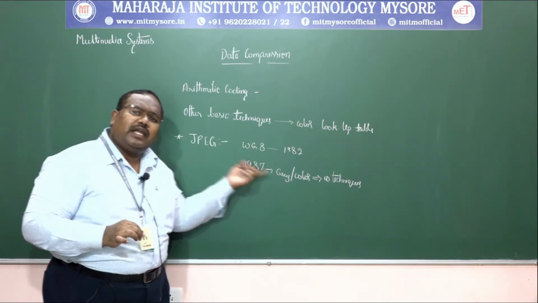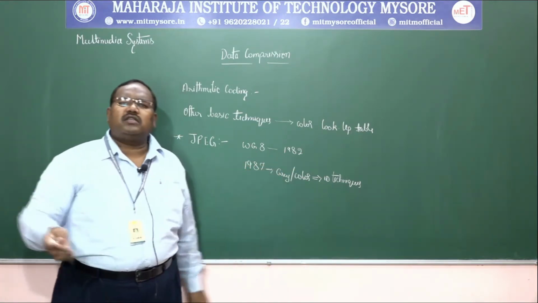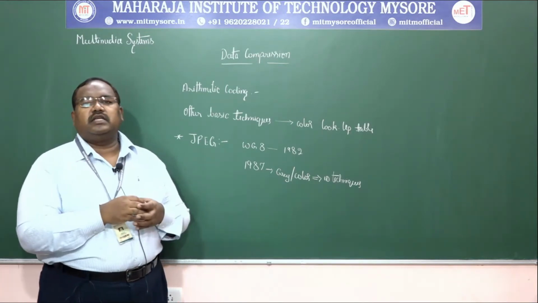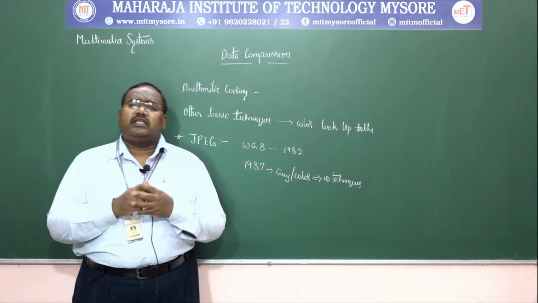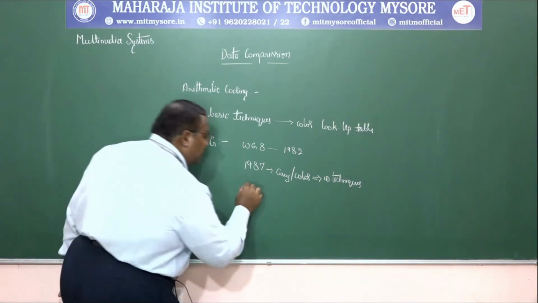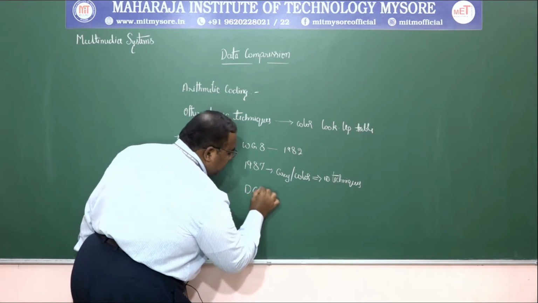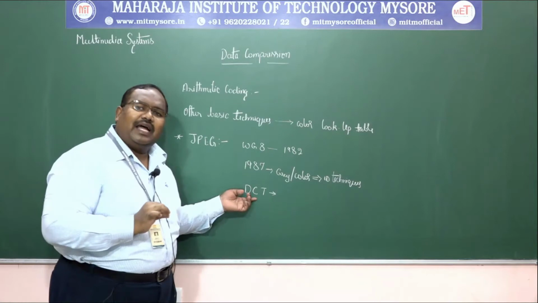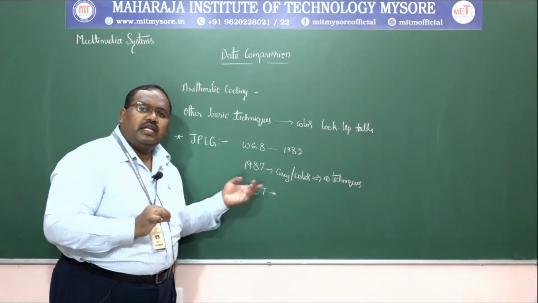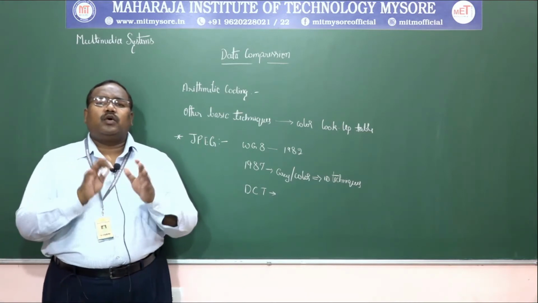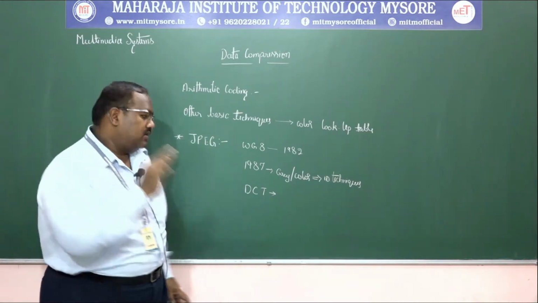Along with the 10 techniques, some other techniques prevalent in that period of time were also considered. But among these techniques, the discrete cosine transformation, which we call DCT, very important, was the only technique which was able to achieve the best results.